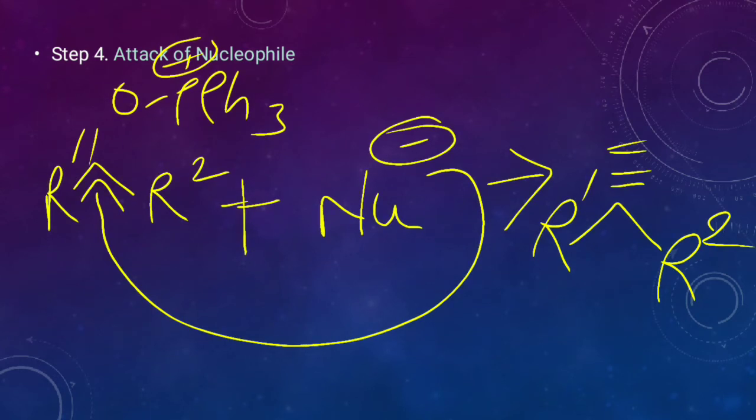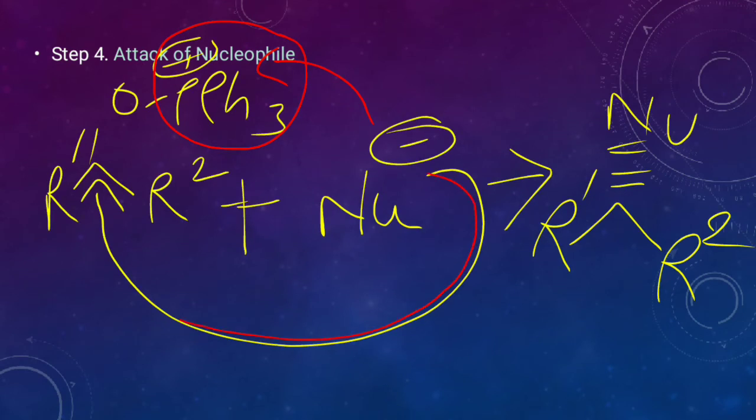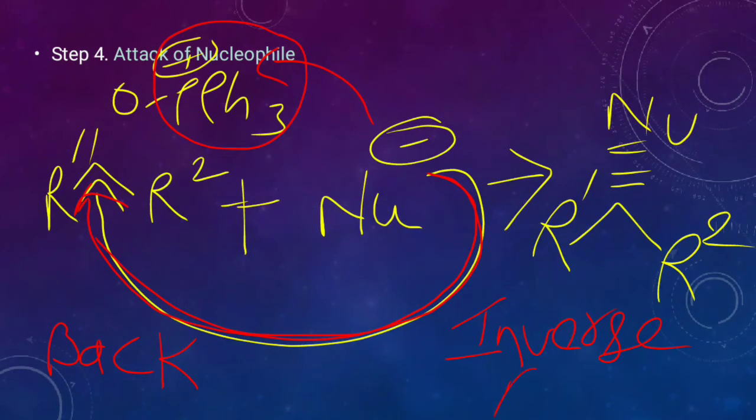Why is it forming an inverted product? Because on the front side this bulky PPh3 group is present, so only the back side is clear for the attack. So the nucleophile attacks from the back side on the activated alcohol and it will form the inverted product.